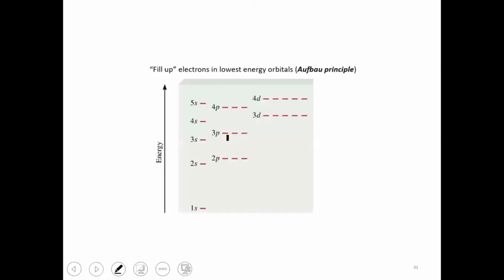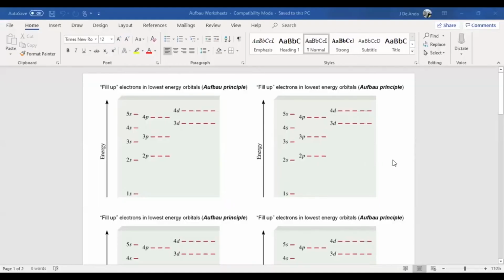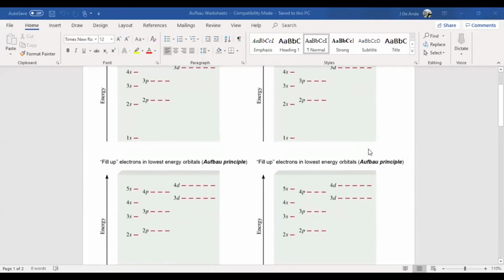Okay, now we're going to start building atoms. So let me move out here. I want to show you something which hopefully you were able to see in our module. I posted a couple of different forms. This is one of them. This is a document that's available in your Canvas module, where I have multiple copies of the diagram I'm going to be using during this exercise.